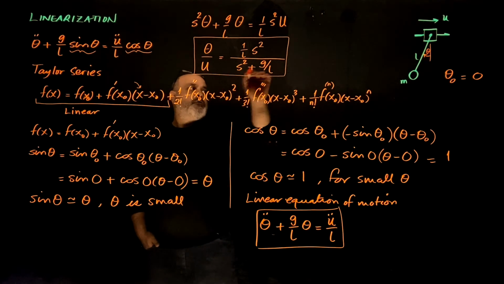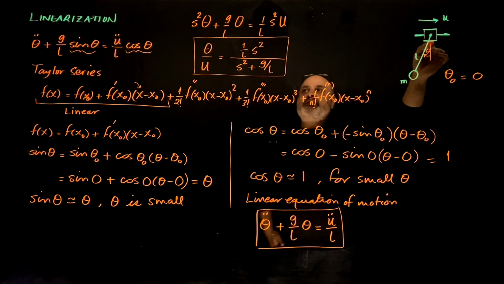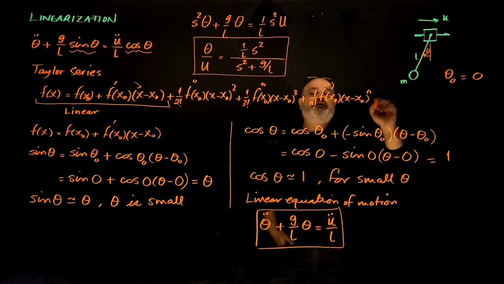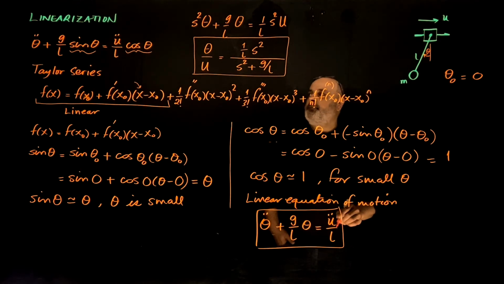Input u, the motion of the slider here, and the output theta, the oscillation angle of this pendulum.